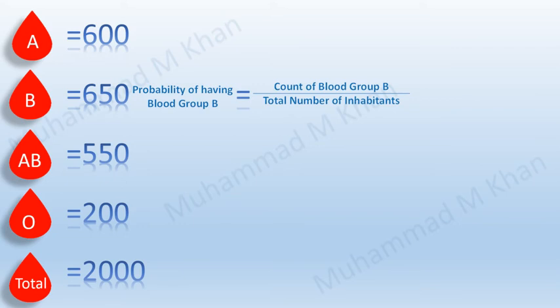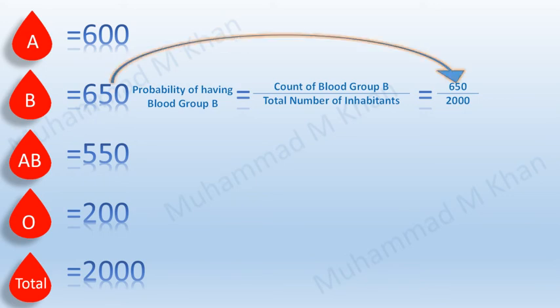So in the present scenario, the desired number of people having blood group B is 650, and the total number of people in this sample is 2000, which is the sum of people of all of these blood groups.